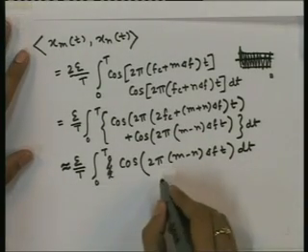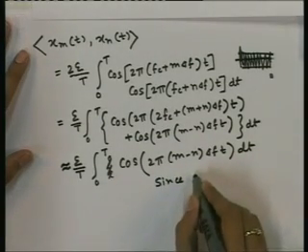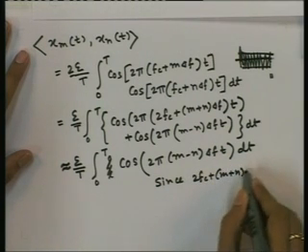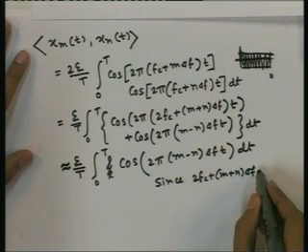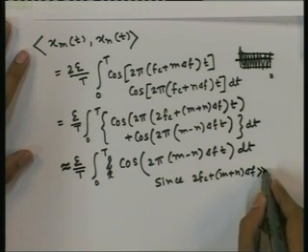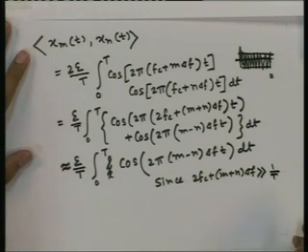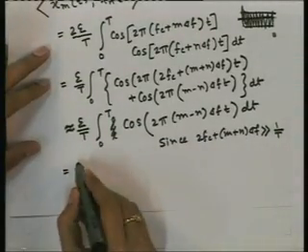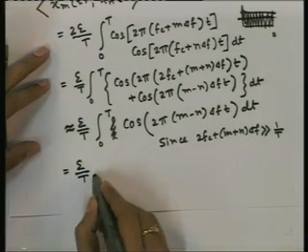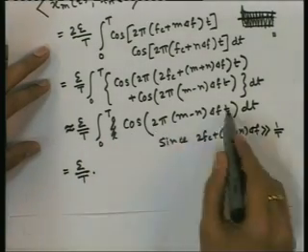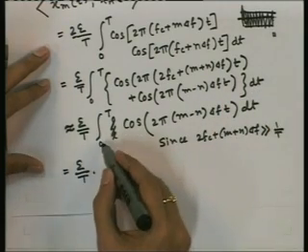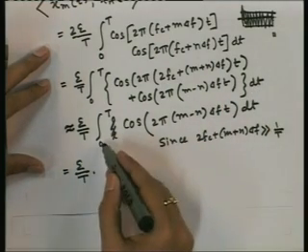This is because fc itself is very high; 2 fc plus m plus n delta f is much greater than 1 by T. So this now is, and we can see it is sine of this divided by this quantity, evaluated at t, and then at 0, sine of 0 is 0.